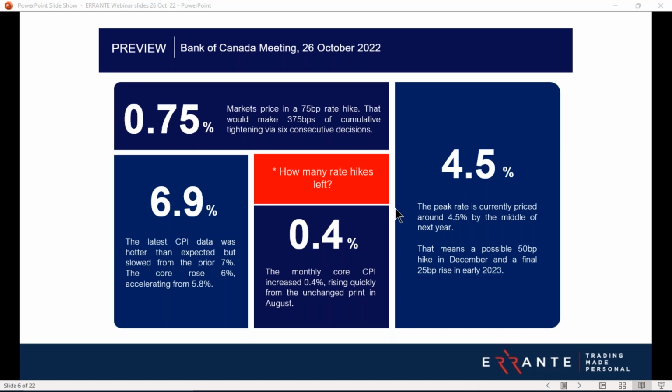We've had the latest business survey from the Bank of Canada itself that showed most companies expecting a recession. House prices are starting to decline, but then we also had a punchy CPI number, 6.9%, slightly slowing from the prior 7%, but better than expectations. And also the core rose to 6%, accelerating from 5.5%.